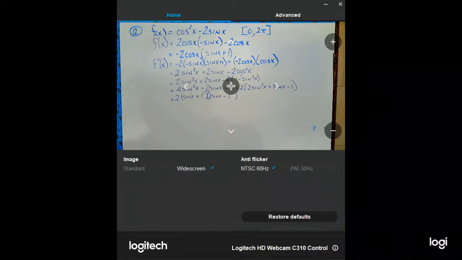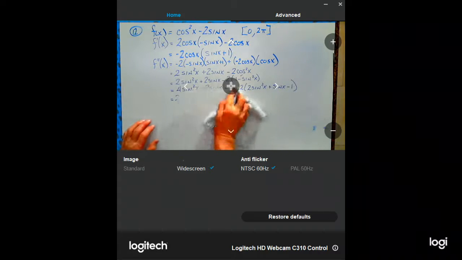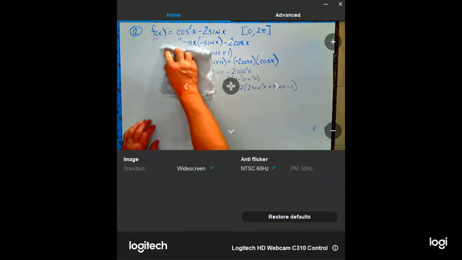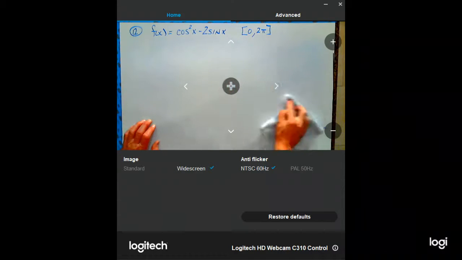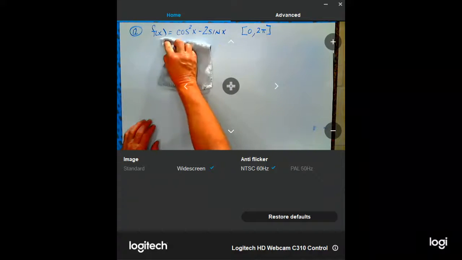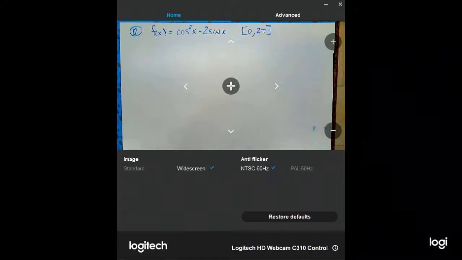And f double prime of x turned out to be 2 times sine x plus 1 times 2 sine x minus 1. All right, so I've got those jotted down over here for us. So I'm going to erase this work, get this out of our way, free up some space here. There we go.